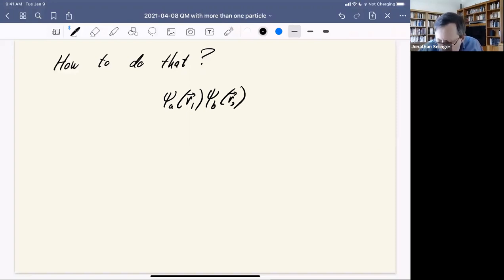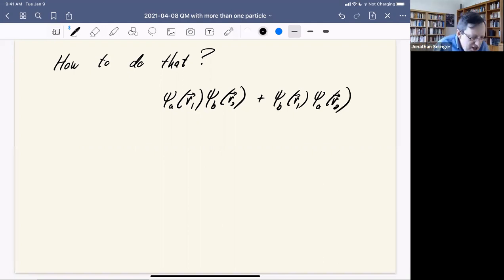This combined wave function says particle 1 is in state A, particle 2 is in state B. And then we could add plus psi B of r1 psi A of r2.